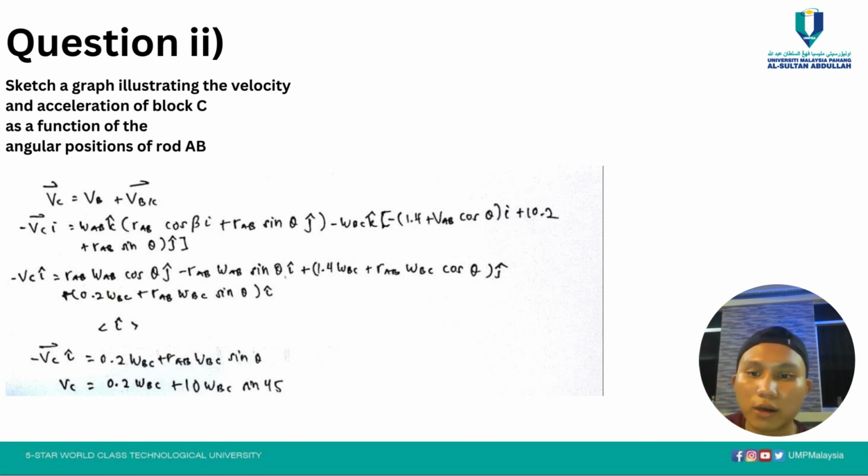Then we simplify the equation for negative VC, and we calculate the i hat part. So negative VC i hat is equal to 0.2 omega BC plus RAB omega BC sin theta, and finally VC is equal to 0.2 omega BC plus 10 omega BC sin 45.